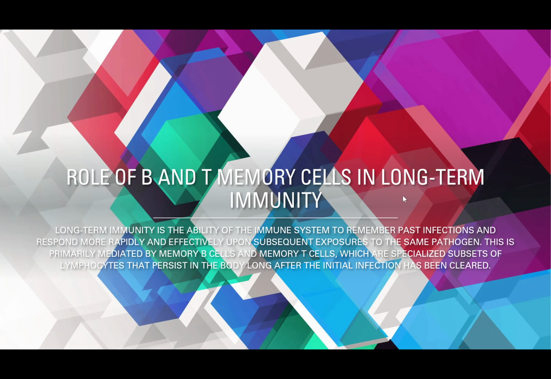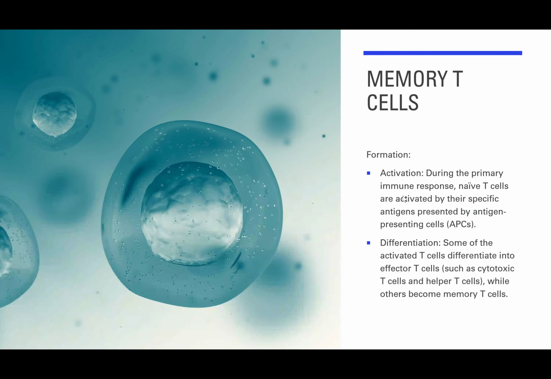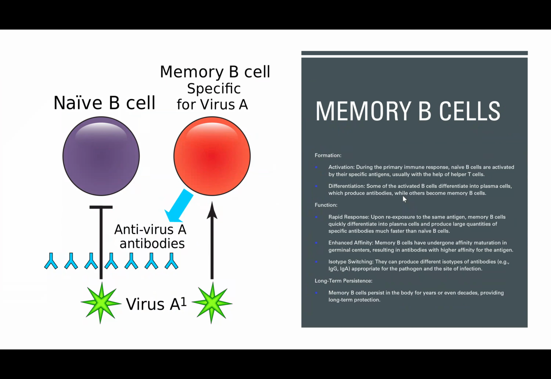So looking at this now, the role of B and T cells in immunity. We know what the memory cells are generally for. Memory cells keep pieces of antigens for long-term use.